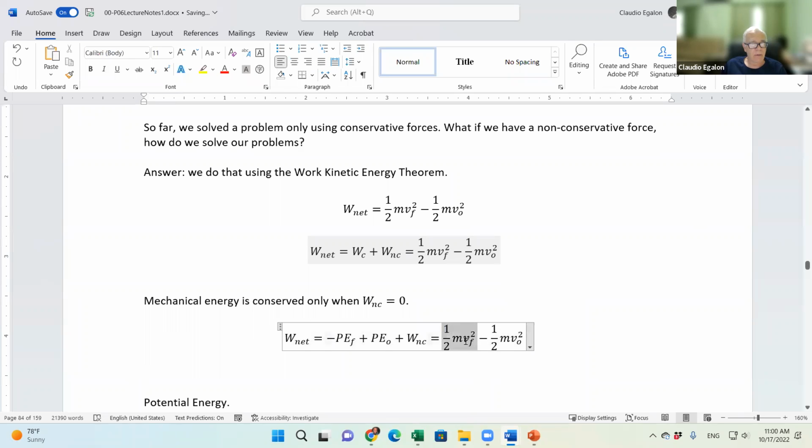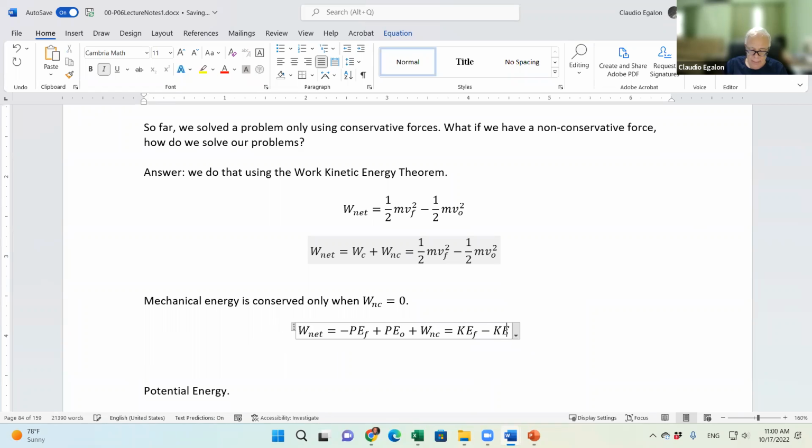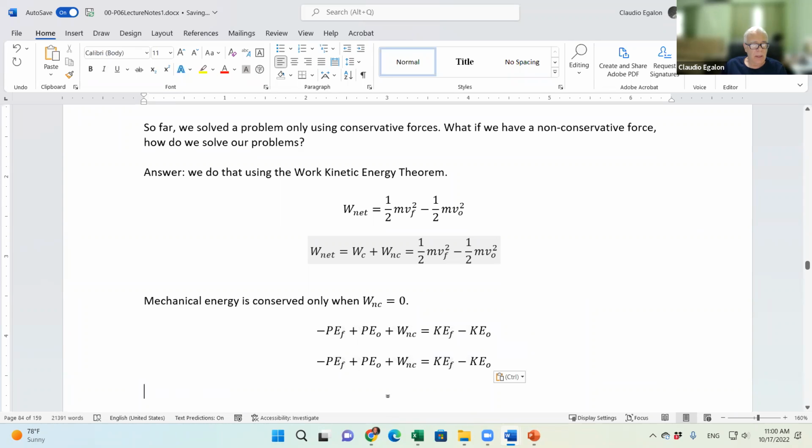Don't forget that here is the final kinetic energy, and here is the initial kinetic energy. We did something like that before, right? Notice that this equation can be rearranged in the following way. The final potential energy, when it goes to the right side, becomes positive. The initial potential energy, when it goes to the right side, becomes negative.